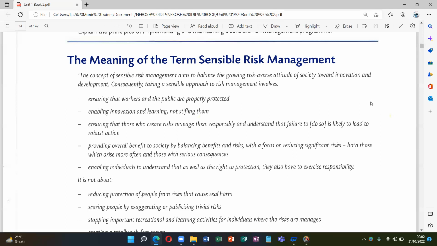Enabling individuals to understand that as well as the right to protection, they also have to exercise responsibility.